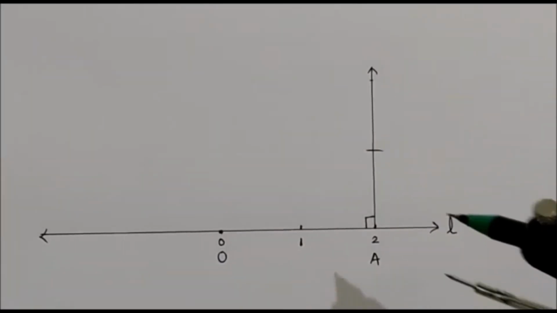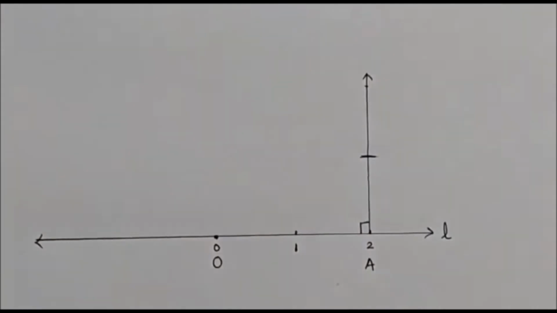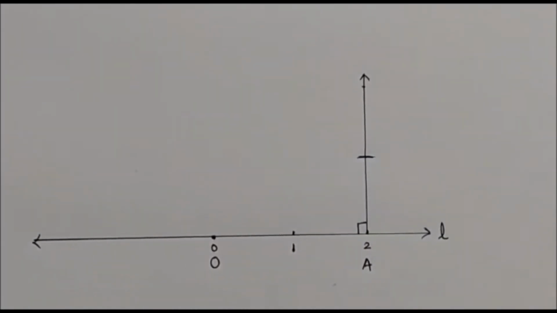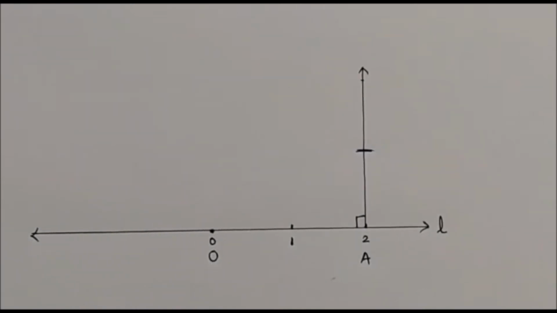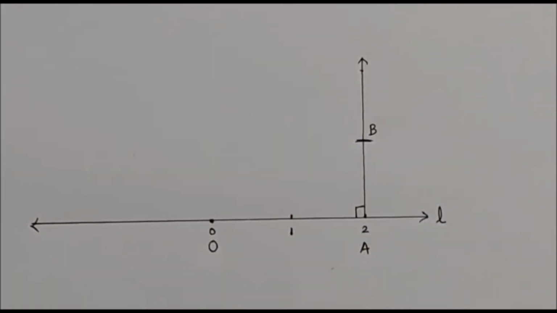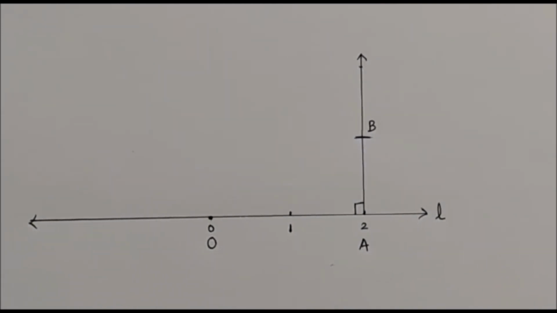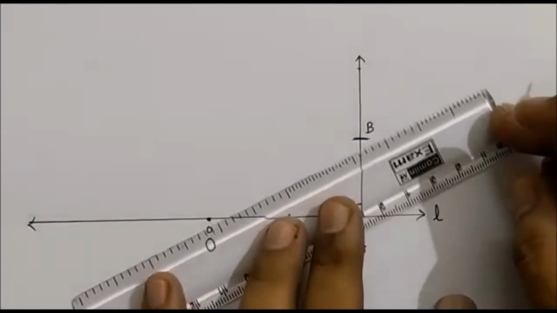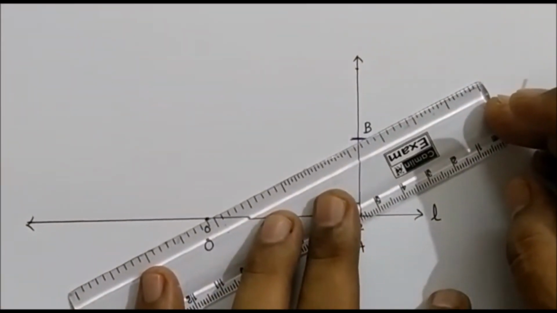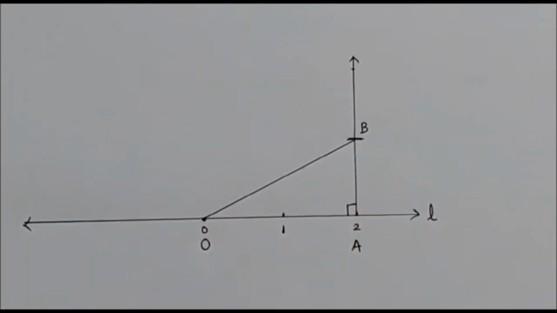Name this point as point B. Now draw seg OB.